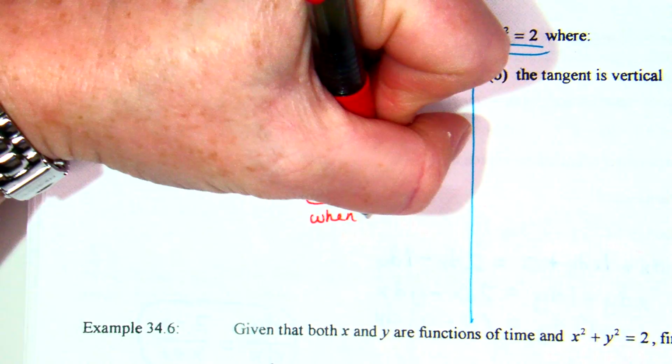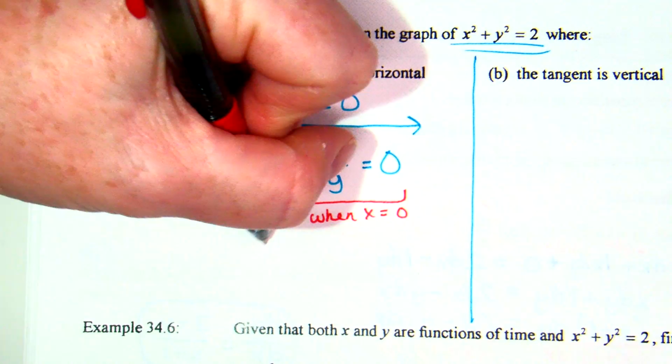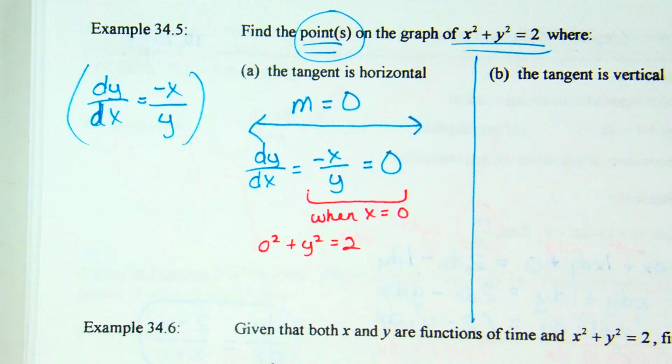Well, it happens whenever x equals 0. So what do you think I do with that 0? Plug it in. Okay, let's plug it in here. So my original equation was x squared plus y squared equals 2. So I'm going to do 0 squared plus y squared equals 2. Well, the 0 squared is just gone, right? So y squared equals 2. If y squared equals 2, what do we do? Take the square root.